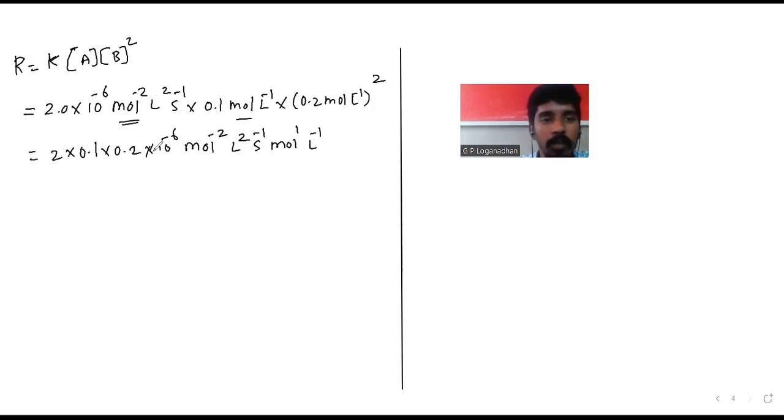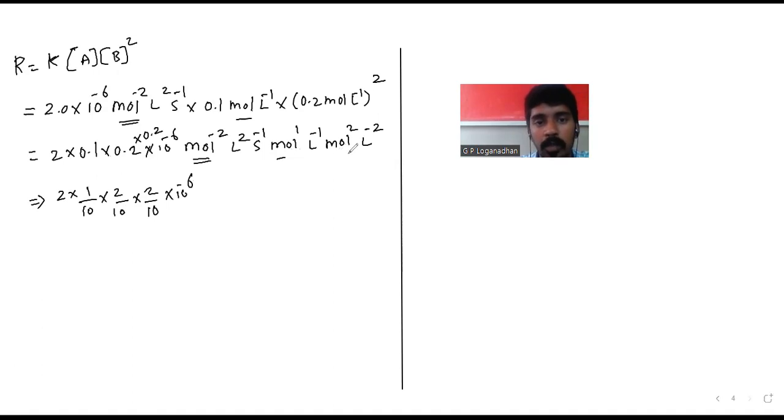So again one more 0.2 will be there, mole power 2, liter power minus 1 square, so liter power minus 2. So this value will be 2 into 1 by 10 into 2 by 10 into 2 by 10 into 10 power minus 6. Mole power minus 2, mole power plus 1, mole power plus 2.